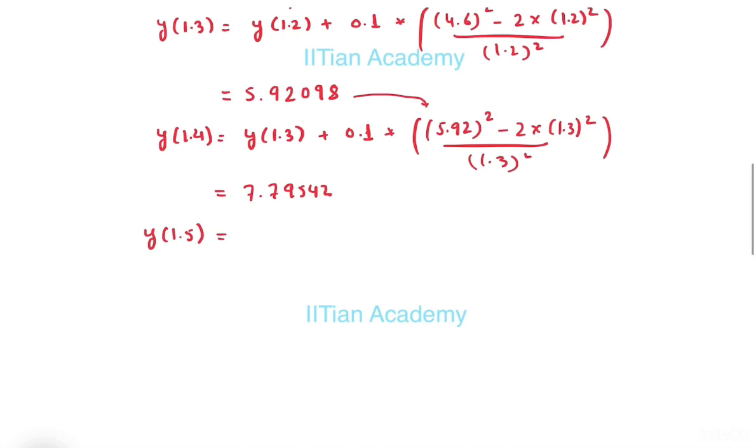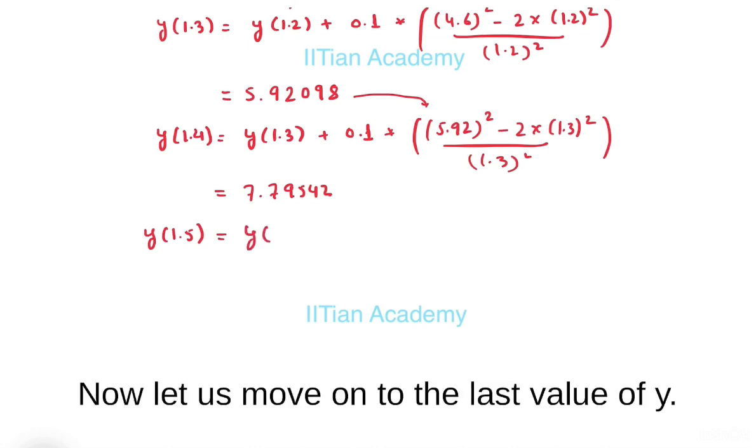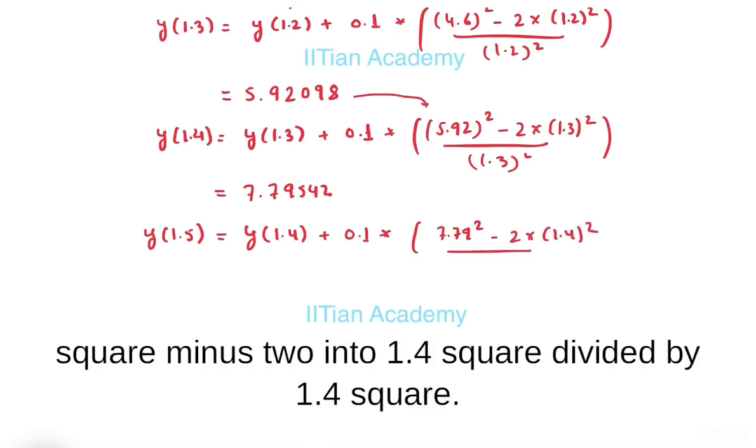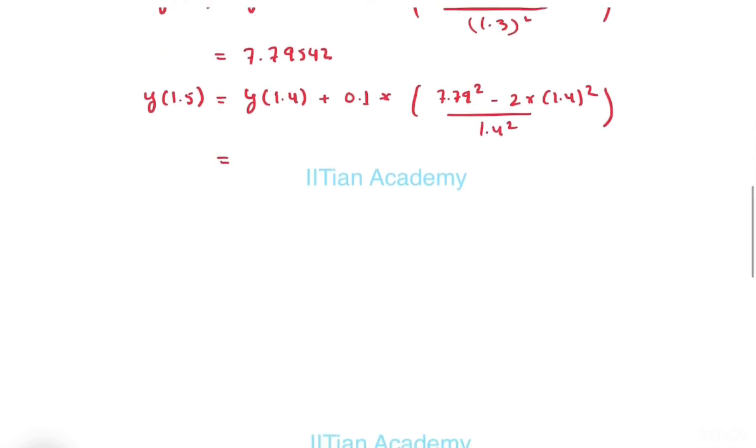7.79542. Now let us move on to the last value, y at 1.5, which will be y at 1.4 plus 0.1 multiplied by 7.79 square minus 2 into 1.4 square divided by 1.4 square.